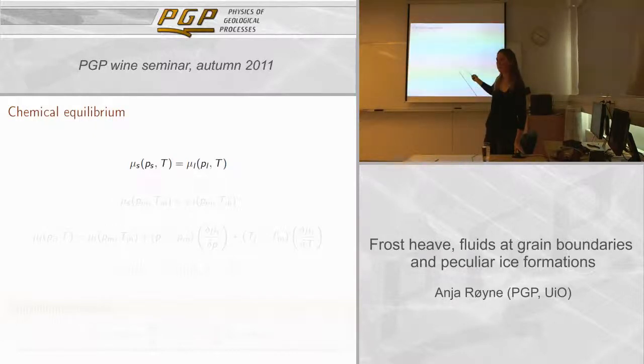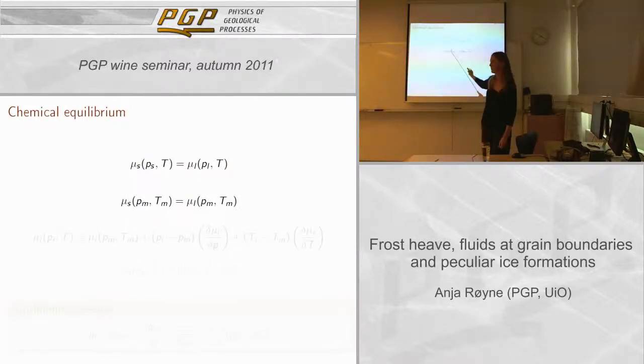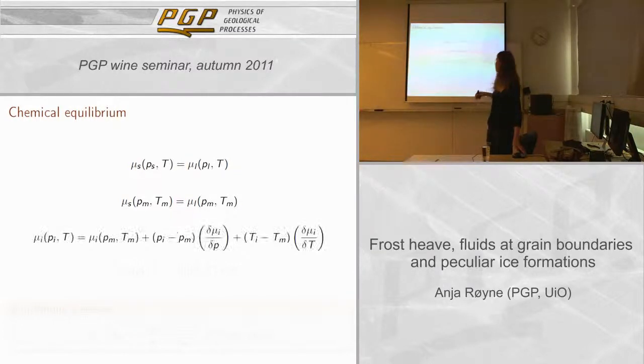We want the chemical potential of the solid to be equal to the chemical potential of the liquid. We know that at some reference pressure and temperature, the 2 chemical potentials will be equal, and then we just do an expansion around this point.